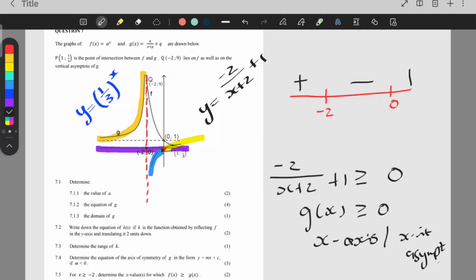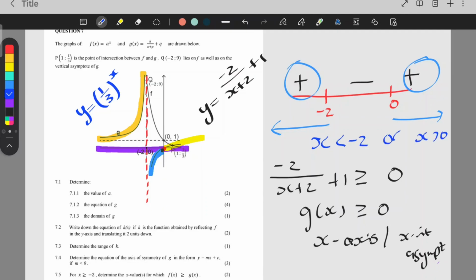It's above. The question had above, so I'm looking for the plus signs. This is a plus and that is a plus. So it's this side of -2 and that side of 0. I write my final answer as x is less than -2 or x is greater than 0.